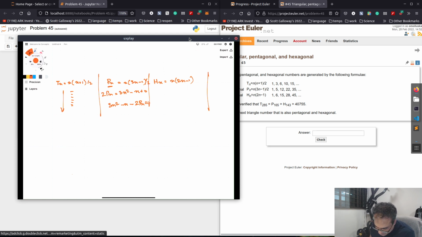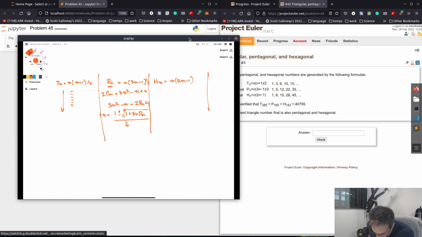So if it's a pentagonal number, it should follow this equation, which basically means that we can solve for n. n is minus b plus minus square root of b squared minus 4ac, which is 1 plus 24 Pn, all by 2a, by 6.